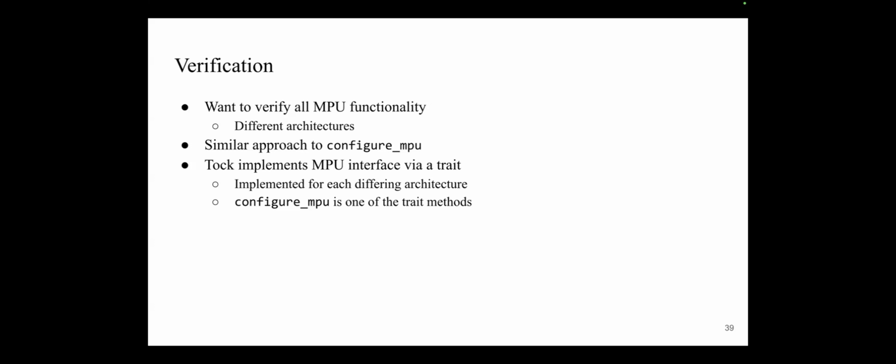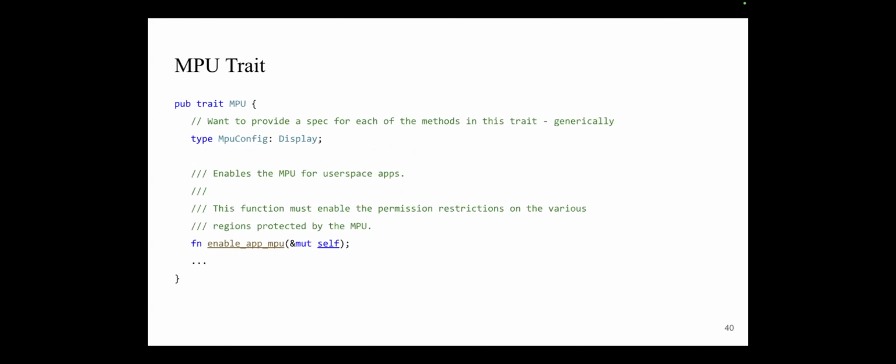Then I can implement that trait for each differing architecture and do all the domain specific things that I have to do to configure a specific MPU. It turns out this is exactly what Tock does. Tock has a trait MPU that's implemented for each different architecture, and it has a whole bunch of methods. Configure MPU, which I've talked about quite a bit in this talk, is one of those trait methods. So let's take a look at this MPU trait.